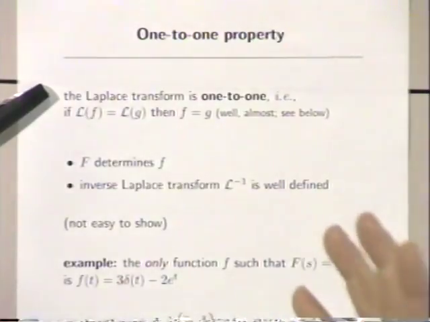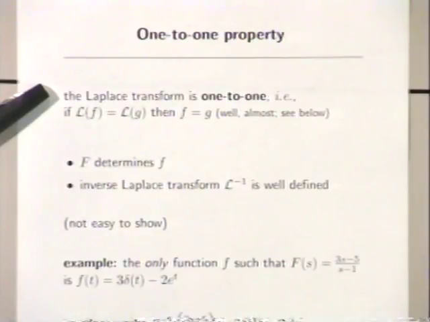You transform something into some representation, and you should be able to transform it back. The language is chosen to suggest that this is the case. And in fact, this is almost the case, and we'll talk about the exception. So it is almost true that the Laplace transform doesn't lose information.